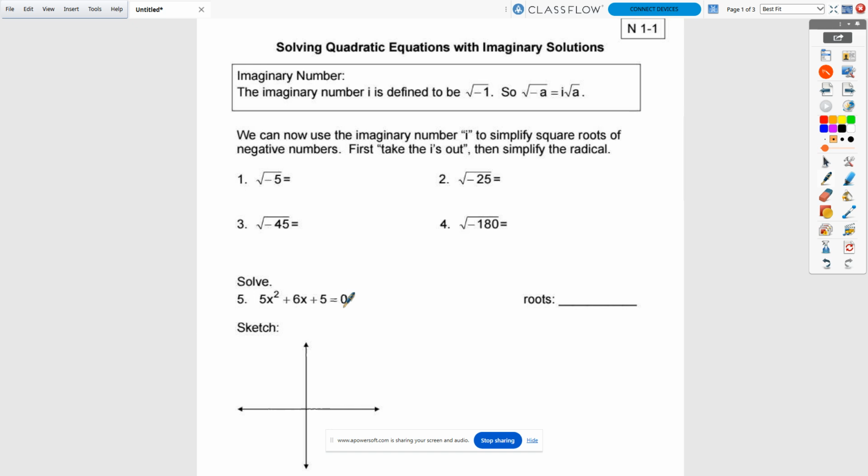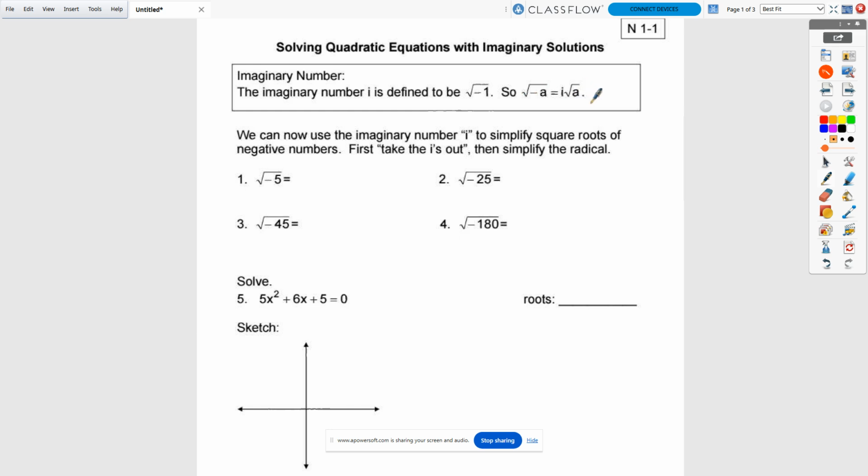So we'll be writing our answers as, if it's the square root of -a, then we'll just put an i on the outside, and i is going to represent the square root of -1, and then the square root of a.